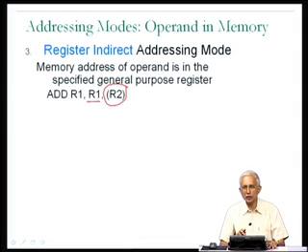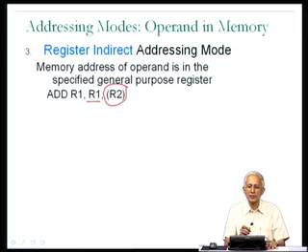So, this particular instruction actually has one destination operand and two source operands. One of the source operands is specified in register direct addressing mode. The other source operand is specified in register indirect addressing mode. So, the first source operand is coming out of register R1, the value is present in register R1. The second source operand value is coming out of memory. Where in memory?